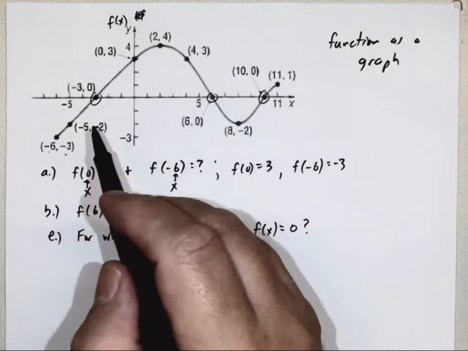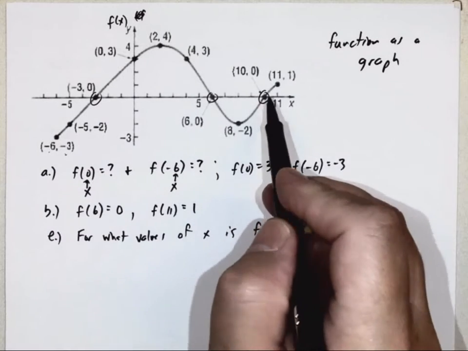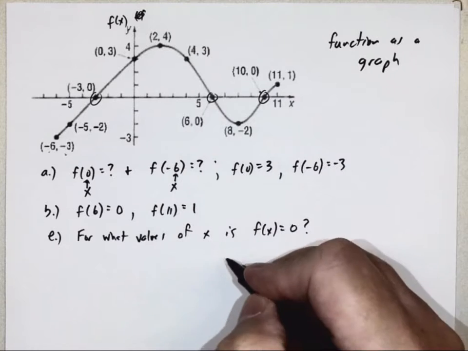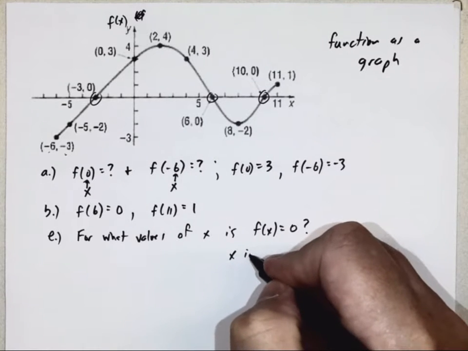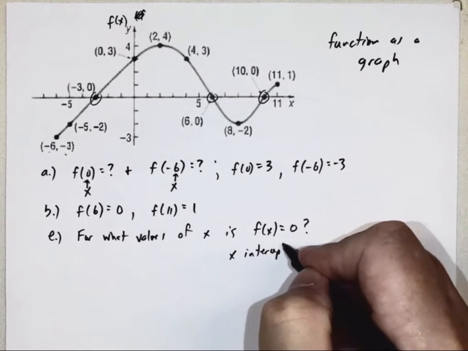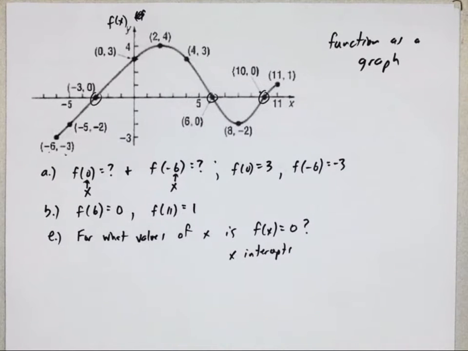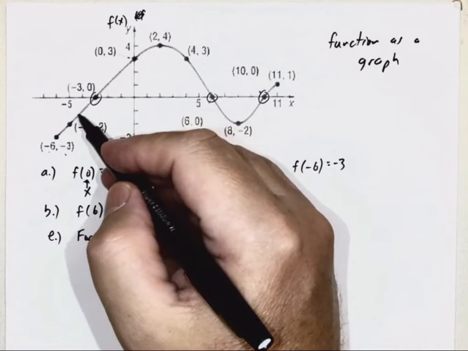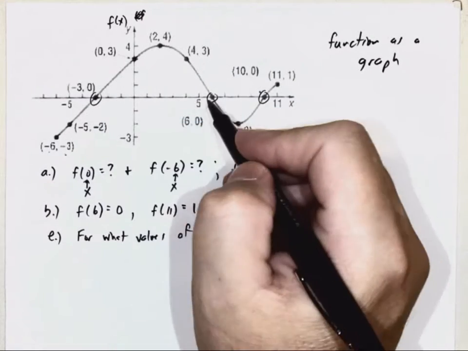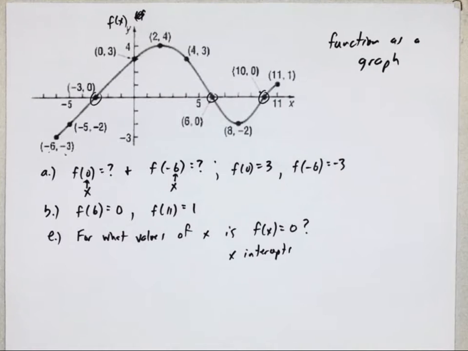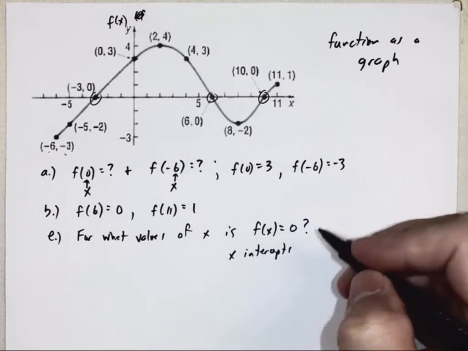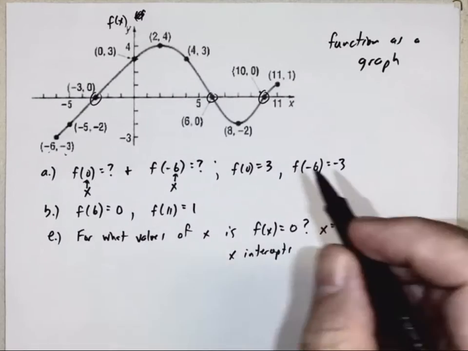You know what another word for these points are? Sometimes they like to call those X-intercepts. Remember X-intercepts? That's where the graph crosses the x-axis. That's what's going on here. This is where the graph is crossing the x-axis. So what are the values of x when this occurs?